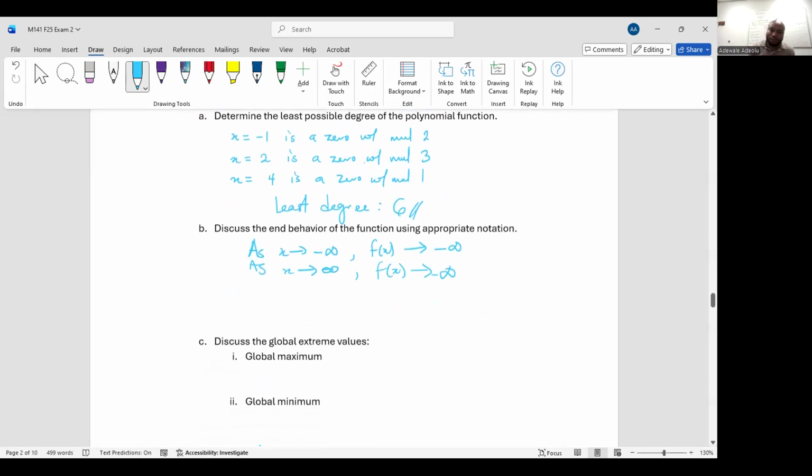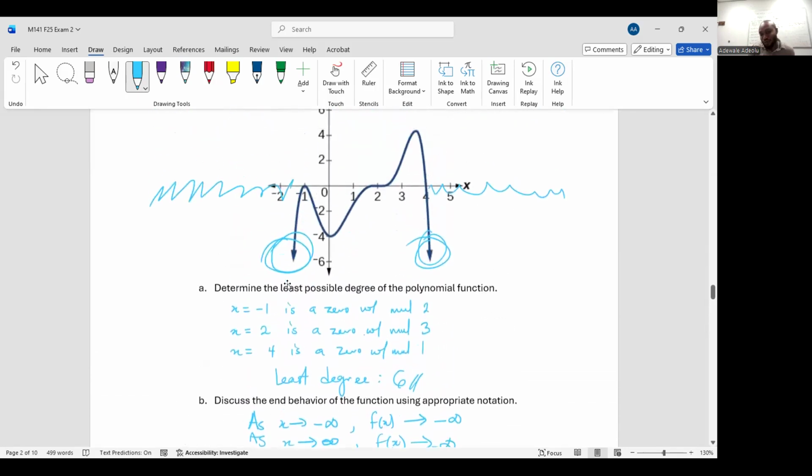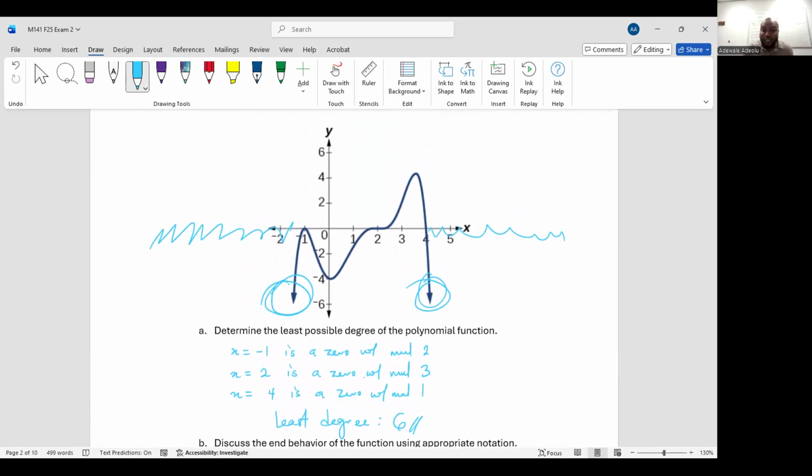So that is that. Then I ask, discuss the global extreme values, the global max and global min. Remember global max. In this case, we have global max. This guy end behavior, it will keep going down. It never comes back up. So meaning that whatever we have here is the global max. So like this is our global max.